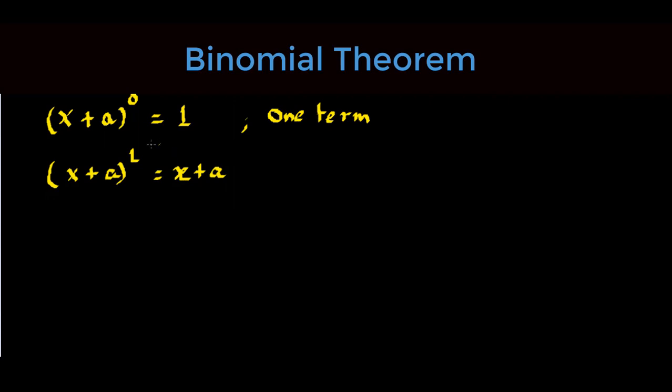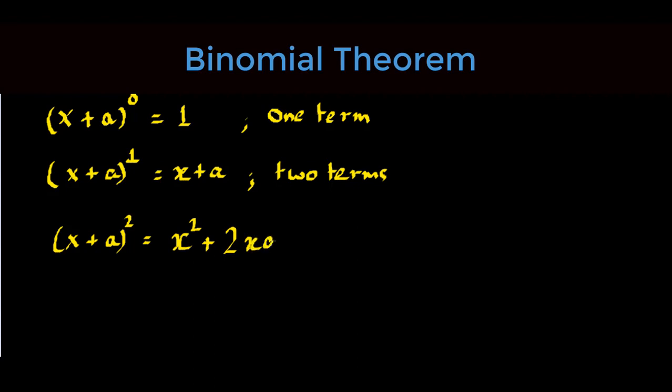The binomial expansion of x plus a raised to the power 0 gives us one term. x plus a whole raised to the power 2, if you remember, this is an identity, so this is x squared plus twice x times a plus a squared. So this is going to have three terms.